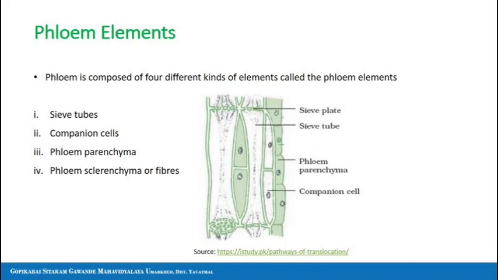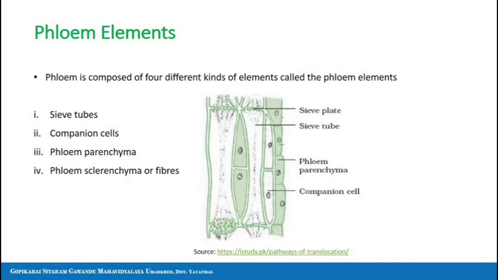These sieve tubes have many transverse walls in their structure, and these transverse walls are perforated and are known as sieve plates. These sieve plates are oblique in nature and horizontal in position. The sieve tubes also contain a stream of protoplasm with dissolved food material which passes through the perforated sieve plates, and the sieve tubes are mainly concerned with the longitudinal transportation of soluble food material.